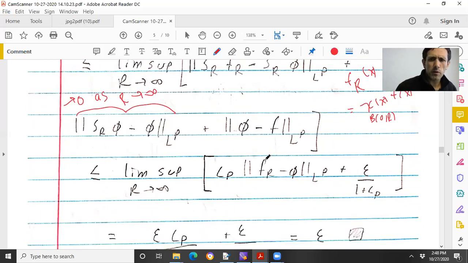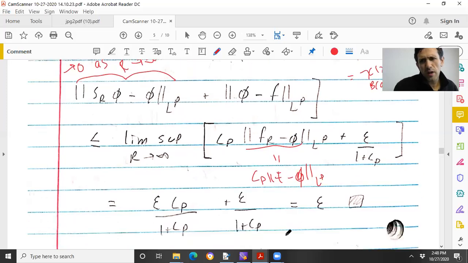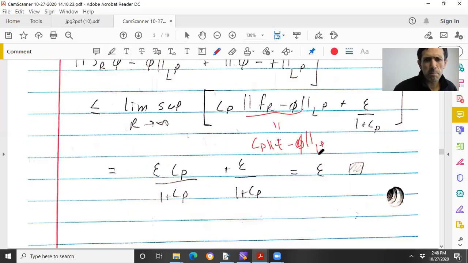Now, by the dominated convergence theorem, this whole limit here is going to be equal to C_p times the L^p norm of f minus phi, plus epsilon over 1 plus C_p. And that's less than epsilon, because the norm of f minus phi is less than epsilon over 1 plus C_p. So again, the dominated convergence theorem says that this is going to be equal to, in the limit, the L^p norm of f minus phi.